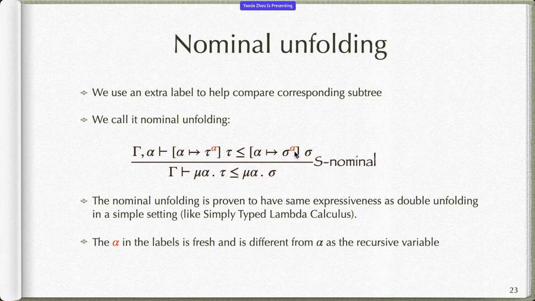So when the two-time unfolding substitution takes place, this one-time unfolding check will also take place. So we have proved that the nominal unfolding has the same expressiveness as the double unfolding in a simple setting like the simply typed lambda calculus, and can also lead to a simpler proof.